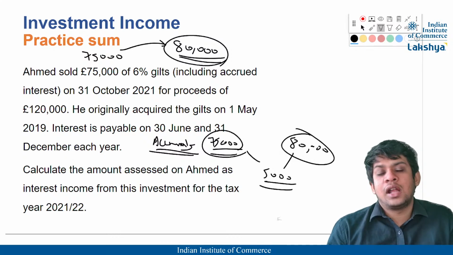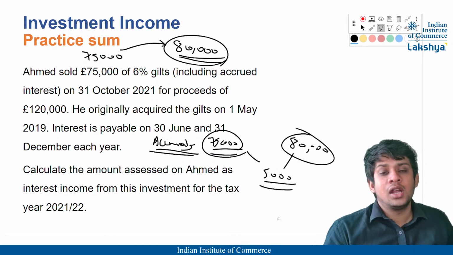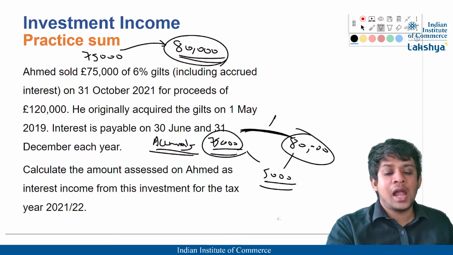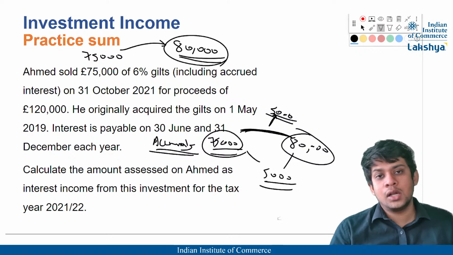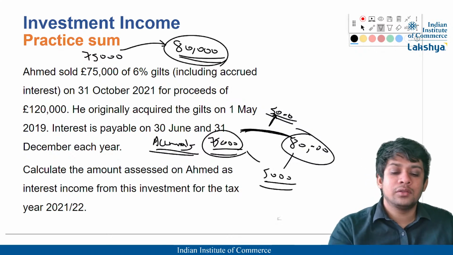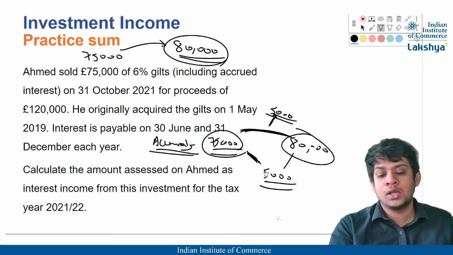And at the year end, I do not even have these bonds. Technically, I'm not even having it as my savings income, because obviously I sold them. So I earned a profit here of 5,000. If I earned a profit here of 5,000, guys, that is because I earned the profit because it was nearing to the interest.